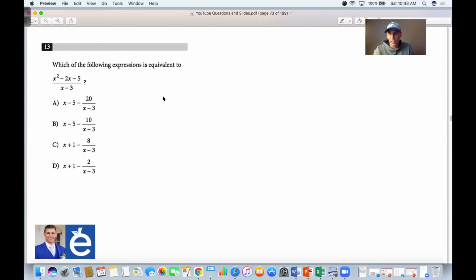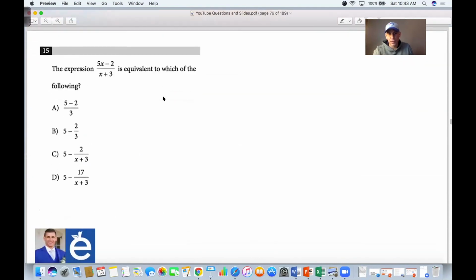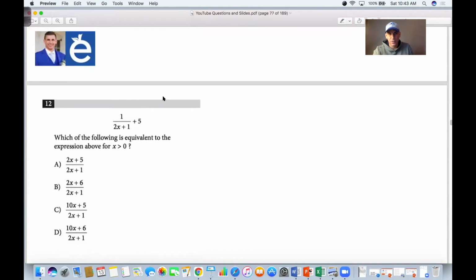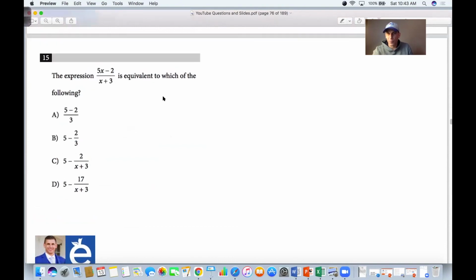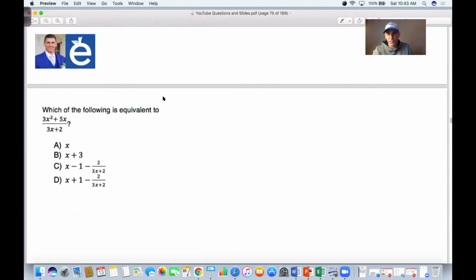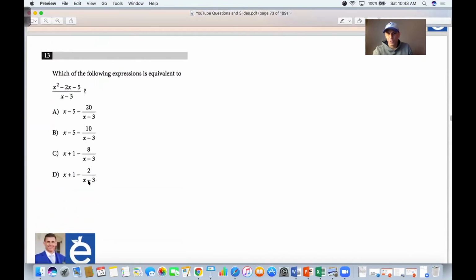There are questions where you can use the FOIL method. I don't really know if that one would be the best, only because you see the remainder under here, right? So technically you could use the FOIL method, but it might take a little bit longer.